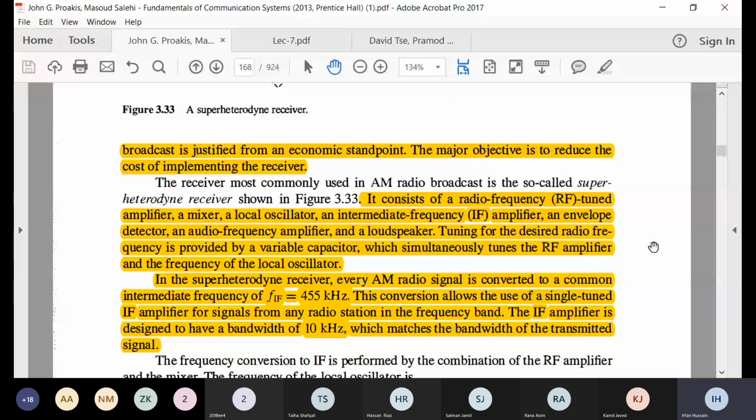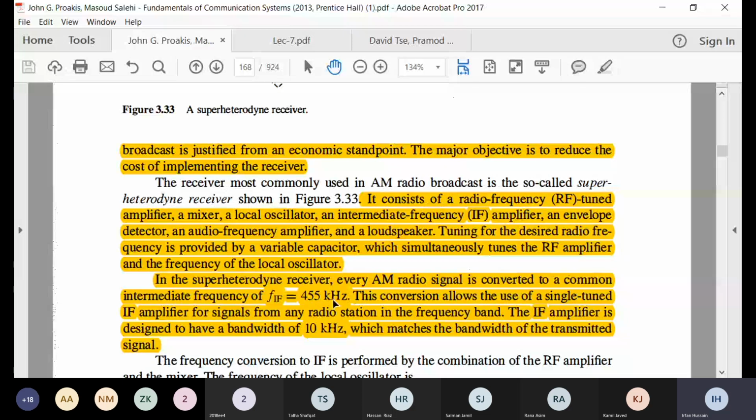So from 1600 or 1200 or 550, the carrier frequency is transformed to this IF frequency, and we will see how it is done. Now the advantage is that for every radio station you will just require a single IF, because after this all the frequencies are at 455 kilohertz. So you will just need an amplifier that is working around 455 kilohertz.